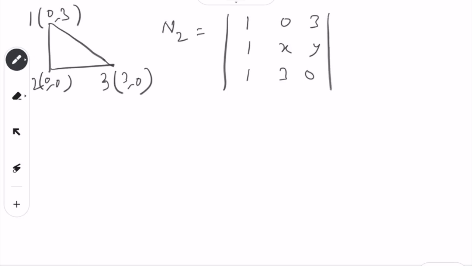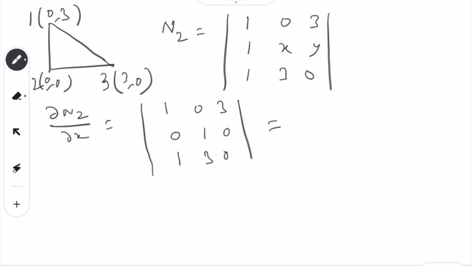Yeah, and hence del n2 over del x will be equal to 1 0 3, 0 1 0, 1 3 0, and hence if we take this one it will be 0, if we take this one automatically it is 0, if we take this one, then we have 3 times 0 minus 1, so it becomes minus 1. So this is minus 1.